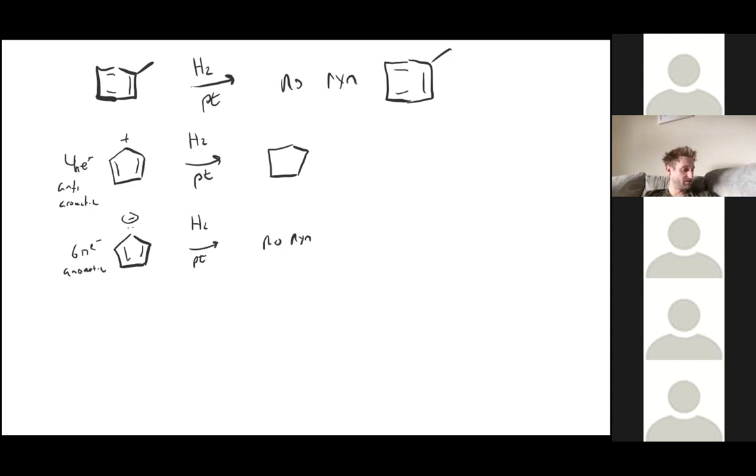Your book does mention that you can do this if you add an H2 and nickel, 100 atmospheres of H2, and 150 degrees Celsius.